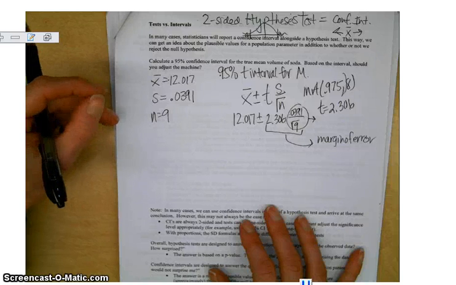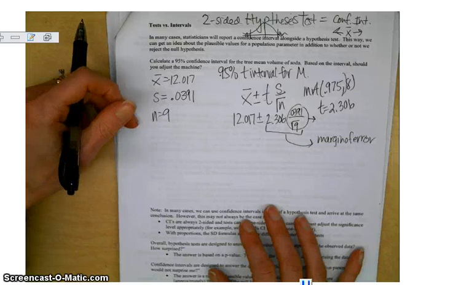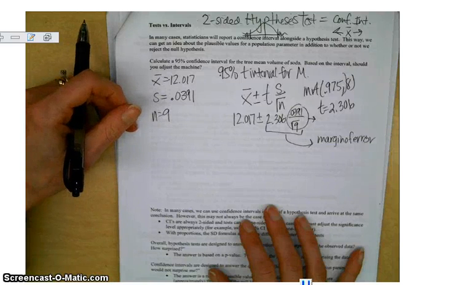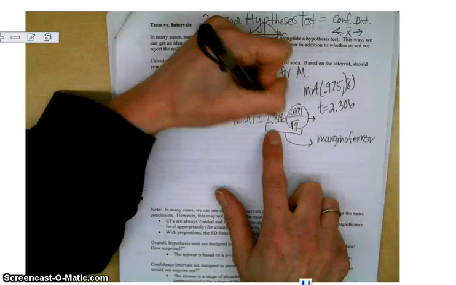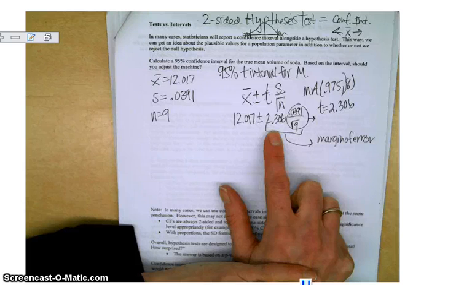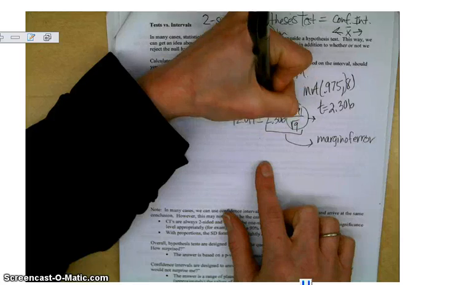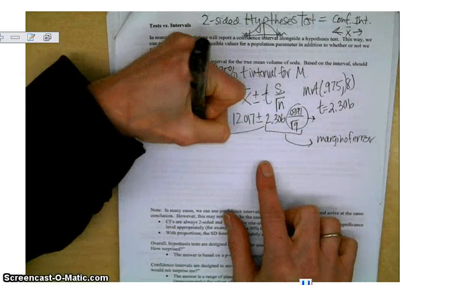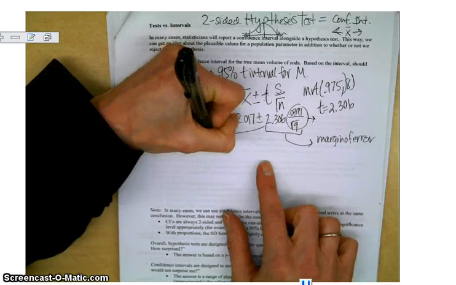Chapters 19 and 23 on confidence intervals, or you've probably got formula pages in the back of your book. The critical value is the t, or the z is the critical value. So 2.306 is called the critical value. What is that called?